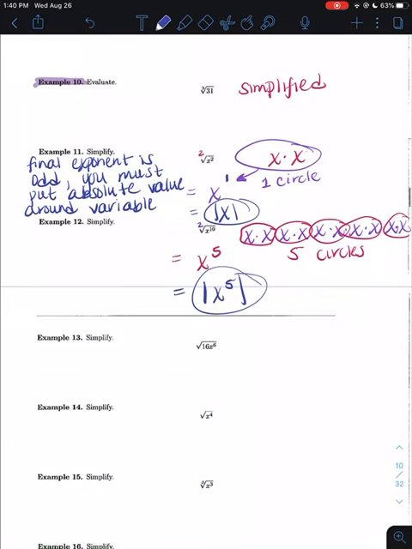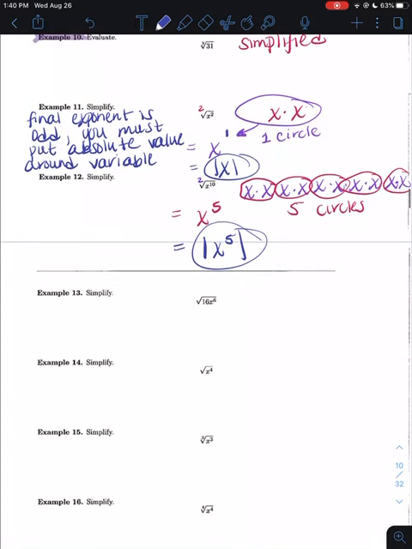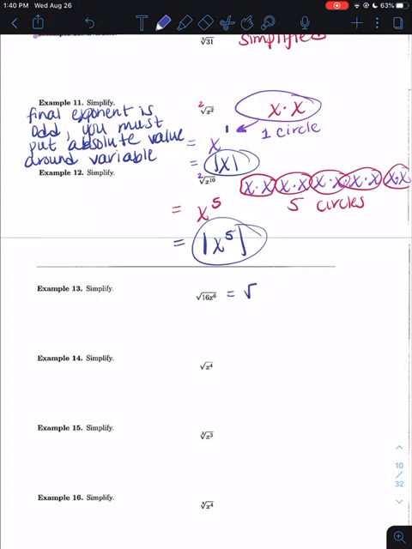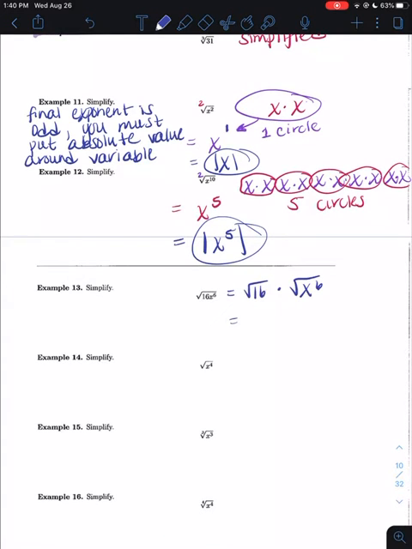What about something like 13? With 13, I have the square root of 16, and then the square root of x to the 6th power. First of all, I can write this as the square root of 16 times the square root of x to the 6th. You can write it separately, and we're going to be doing this a lot. The square root of 16, if you go to your chart, is just 4.